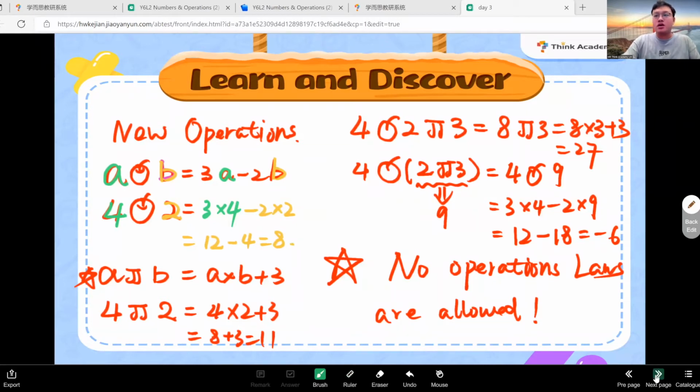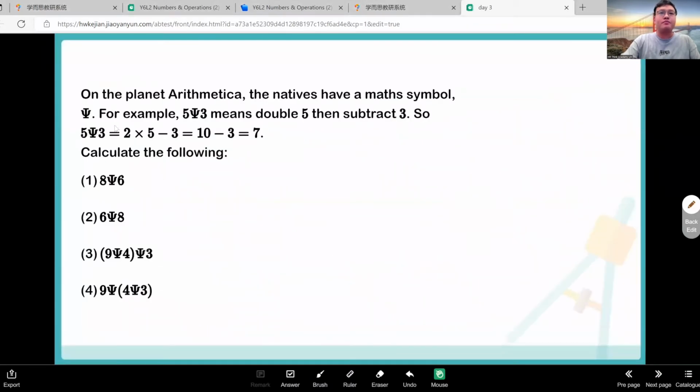All right, so let's go to some question here. Look at this one. It says, on the planet Arithmetica, the natives have a math symbol like this. Let's call it a flower.